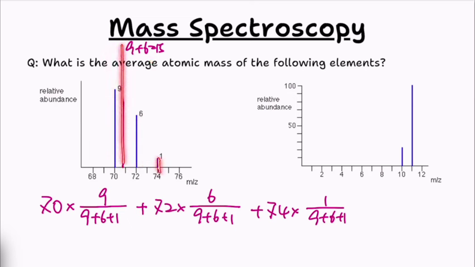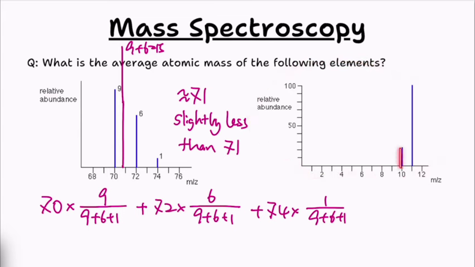Because the taller peak, the pink one, is so much taller, it's 15 to 1, this peak is actually negligible. So when you take the average with 74, it will increase a little bit, but it will still be somewhere around 71. So I will say it's approximately 71, slightly less than 71.